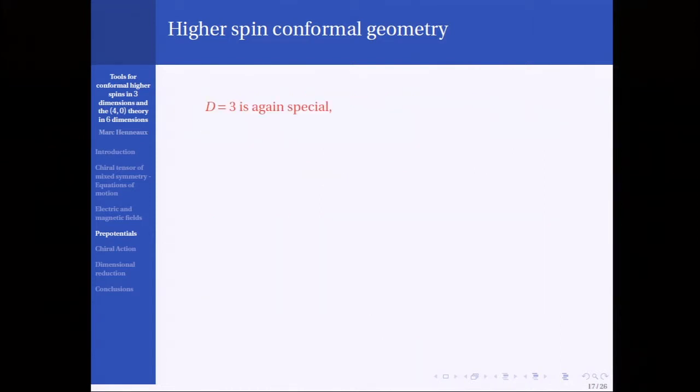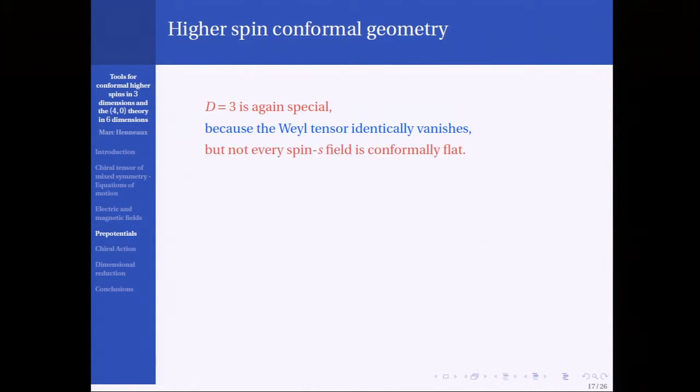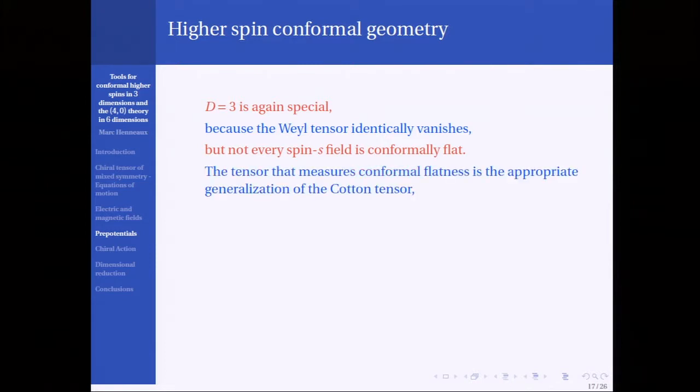But in 3 dimensions, that's not true, because if you use direct identities or just count the number of components, you can show that the Weyl tensor identically vanishes, so the Riemann tensor has no trace-free part. But it's not true that every spin S field is conformally flat in the sense that it can be written as the sum of a linearized spin S diffeomorphism plus a spin S Weyl transformation.